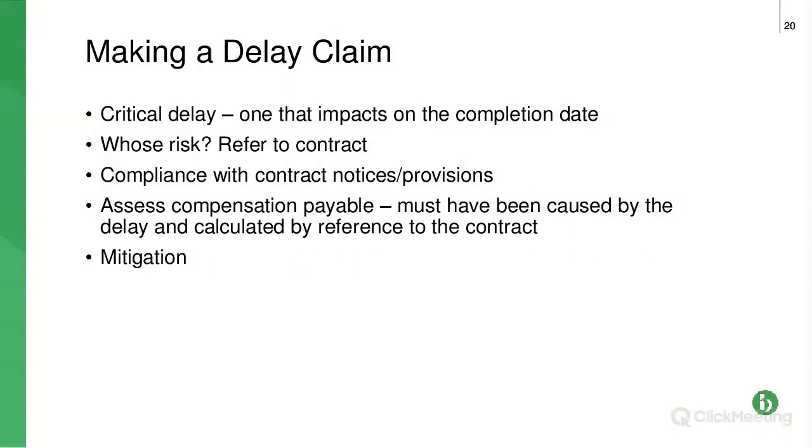We've seen from that chart, variations are the responsibility of the employer, so that does entitle the contractor to an extension of time. What about weather? Well, it depends on how severe the weather was and what the contract says precisely about whether that gets the contractor an extension of time or not. So don't forget about that stage.